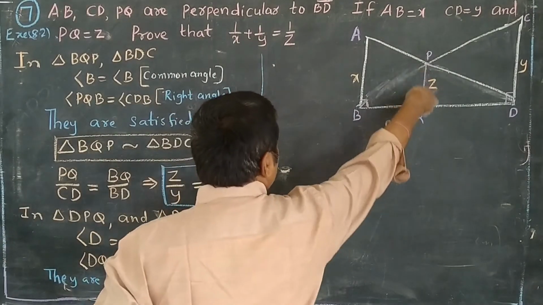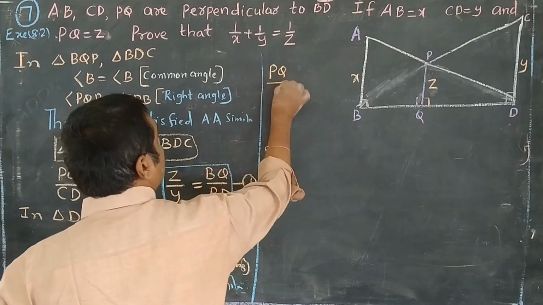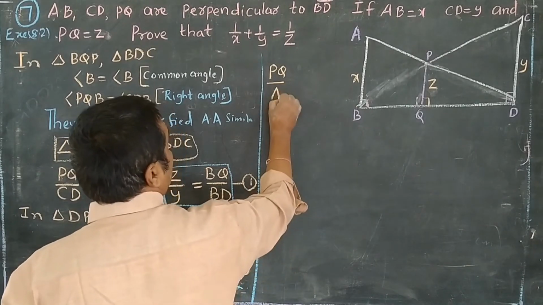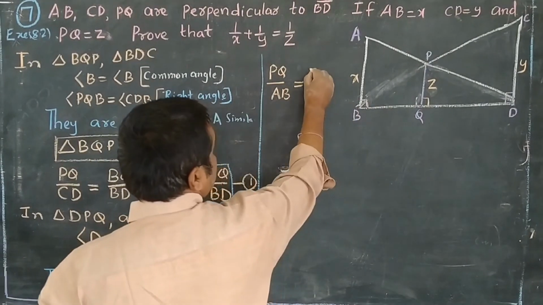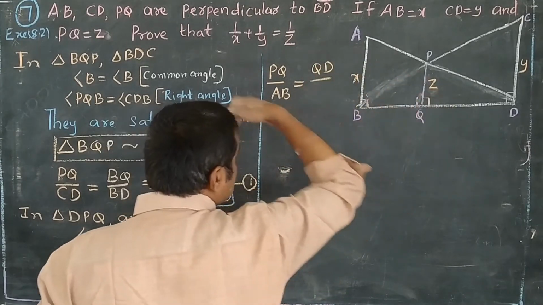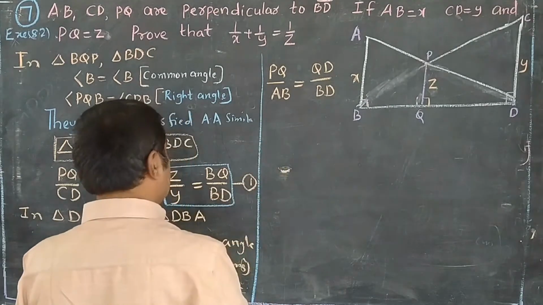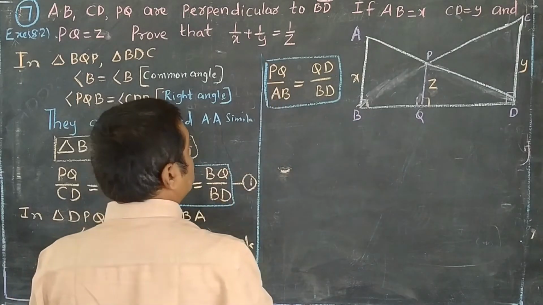Small triangle base PQ by biggest triangle side AB is equal to, small triangle QD by biggest one BD. This is treated as the second equation.